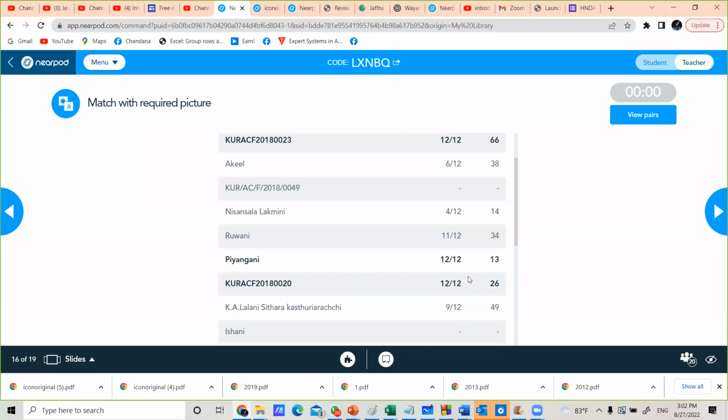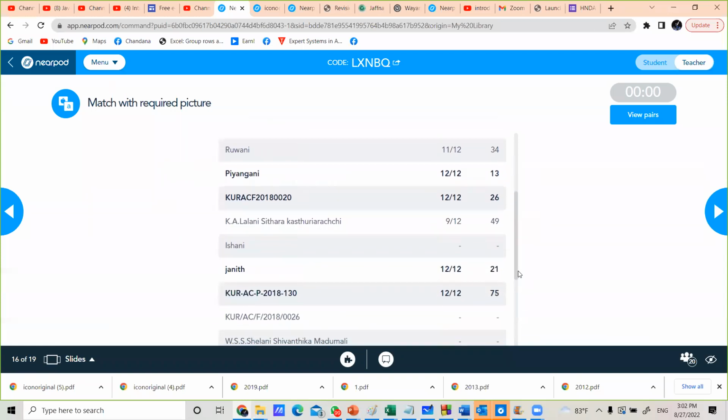Then 020 also got 12 out of 12, however with 26 tries. Then Janit also got 12 out of 12 with 21 tries. Then 130 got 12 out of 12 with 75 tries. After 75 times trying, he got the full marks.